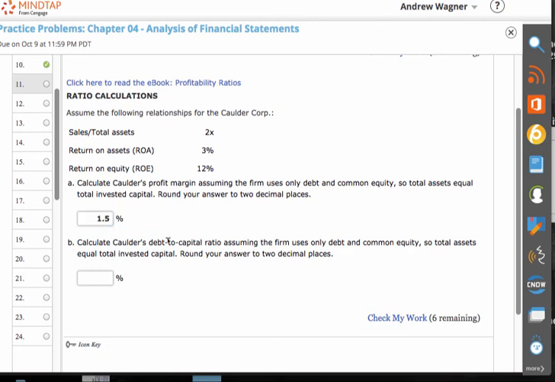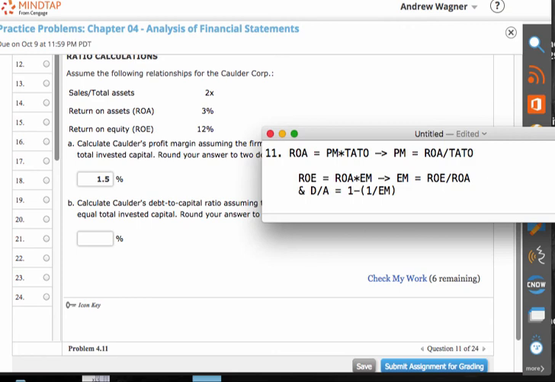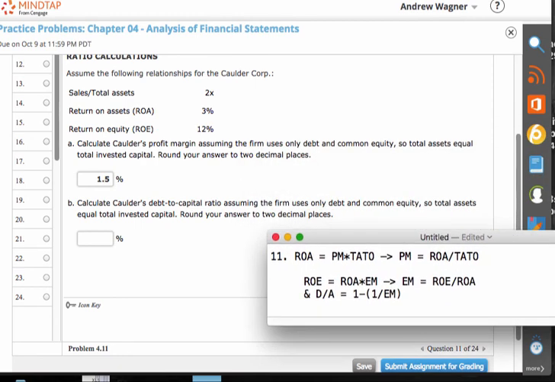And then in the second part of the question, the debt to capital ratio, assuming the firm only uses debt and equity, no preferred stock. So total assets is total invested capital, which they want us to find. For this we could also use the DuPont equation. Return on equity is return on assets times equity multiplier.